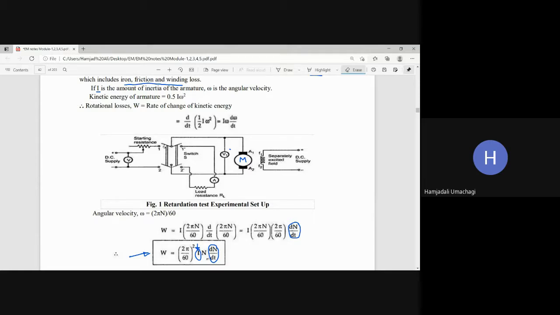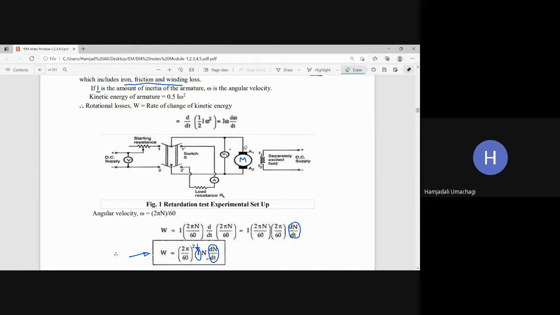If I throw the switch to the 1 and 2 position, then power supply will be given to the motor, which will be connected to the input DC supply. If I remove the switch from position 1 and 2 and connect it to position 1 dash and 2 dash, then what will happen? Initially, if the switch is on position 1 and 2, then what is going to happen?